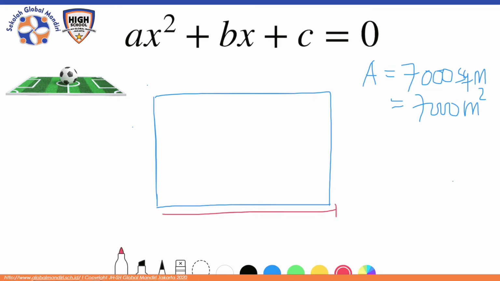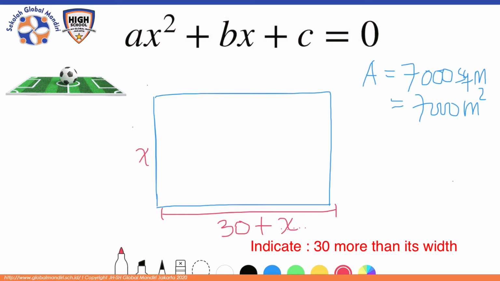So right over here, we just put down 30 plus something that we don't know yet, which is its width. How to write something we don't know yet? We just simply put x over here, and then we put another x over here.